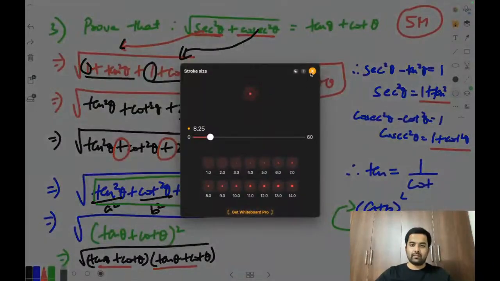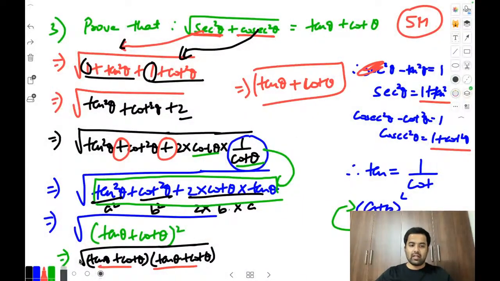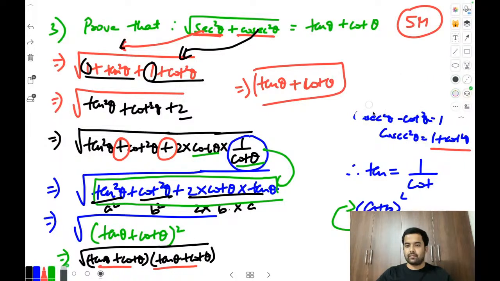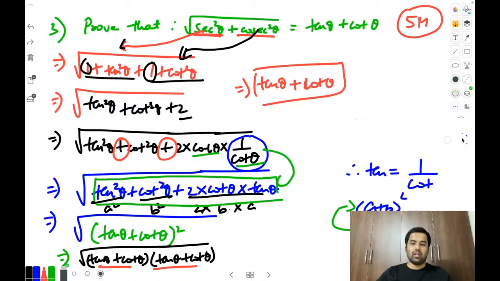No problem for that. Let me mention it here itself, because this confusion is common for many students. Let me write both things, because addition, subtraction and formulas, everybody can do. The main thing where students get stuck is which part to cancel and which one not to cancel. Tan square plus cot square.